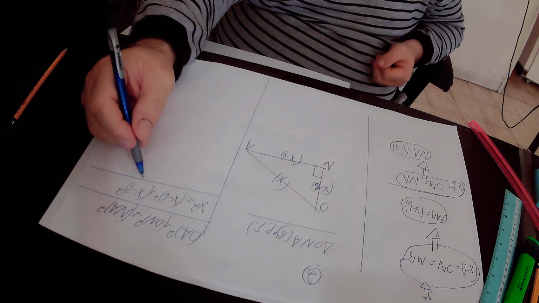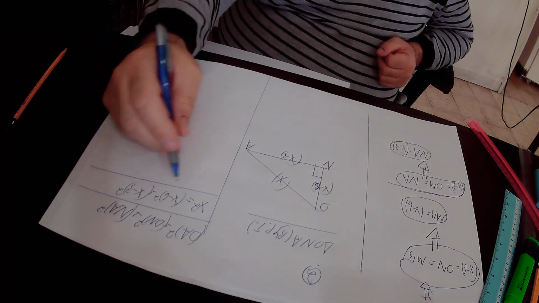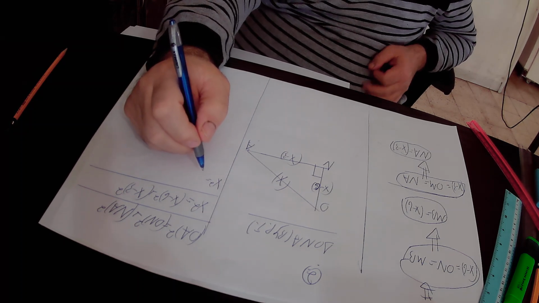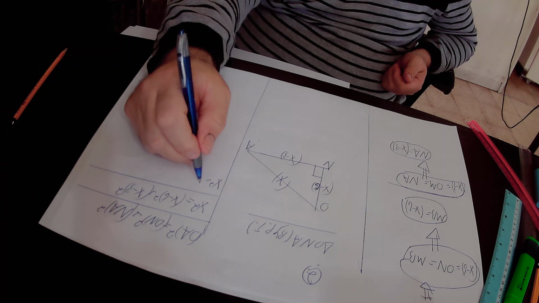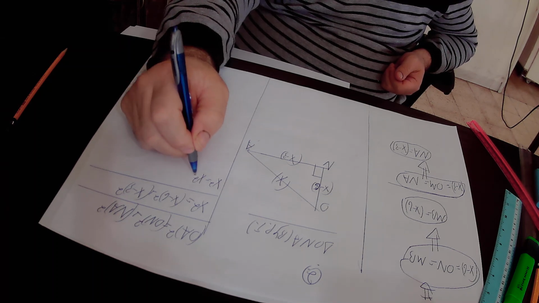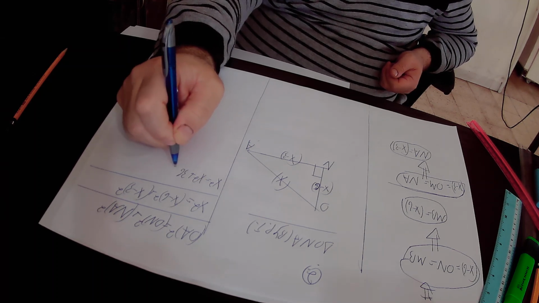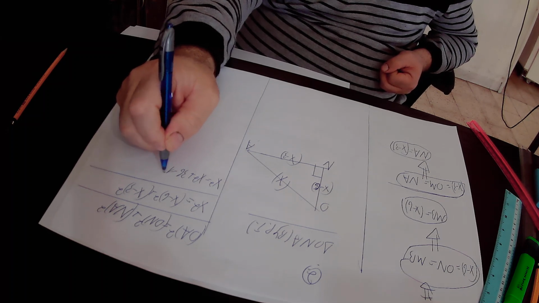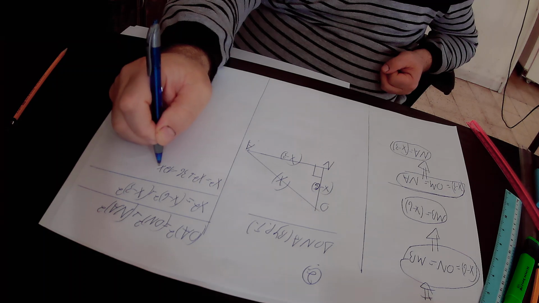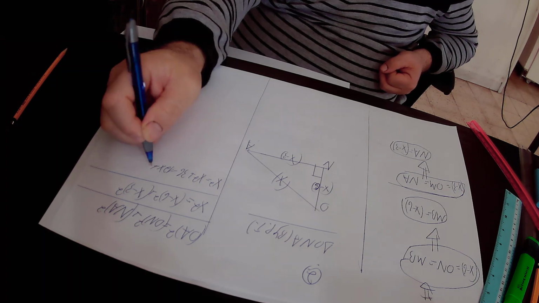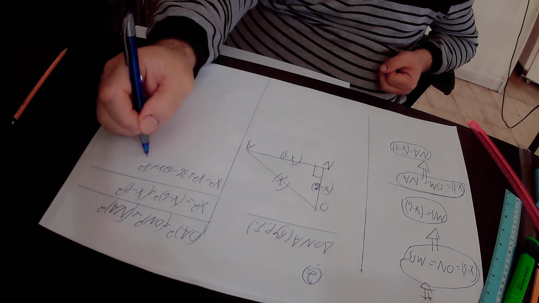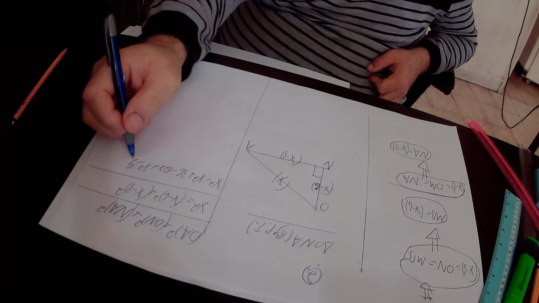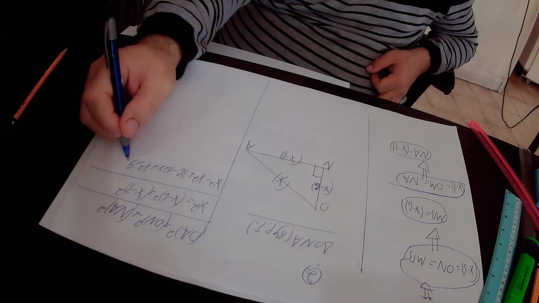Here we open the brackets on this side of the equation. x minus 6 squared equals x squared plus 6 squared, that is 36, minus 2 times x times 6, that is minus 12x, plus x minus 3 squared. x minus 3 squared equals x squared plus 3 squared, that is 9, minus 2 times x times 3, that is minus 6x.